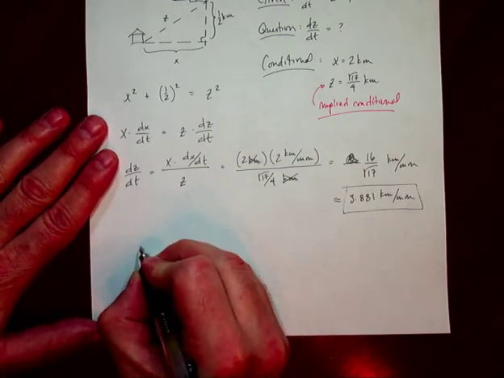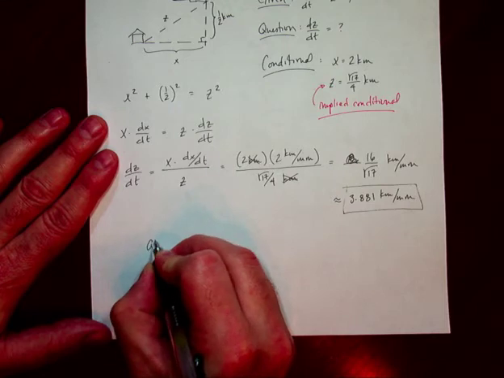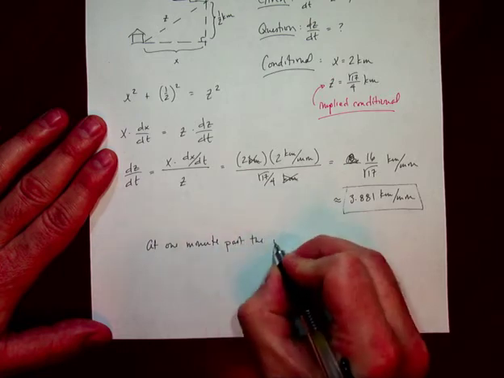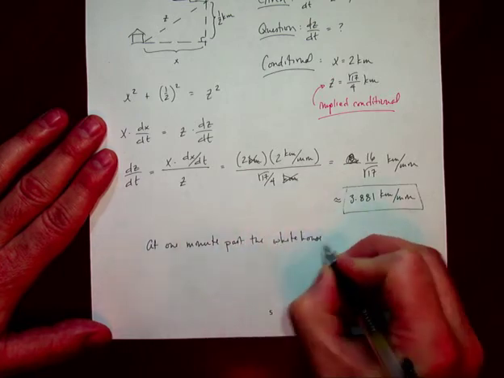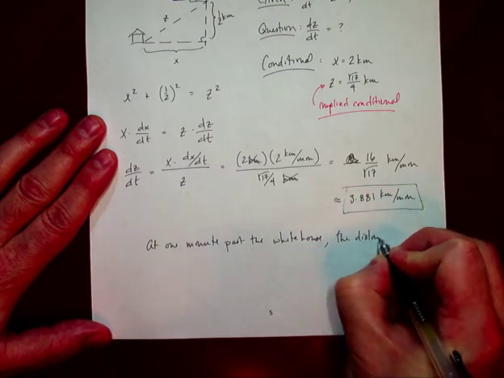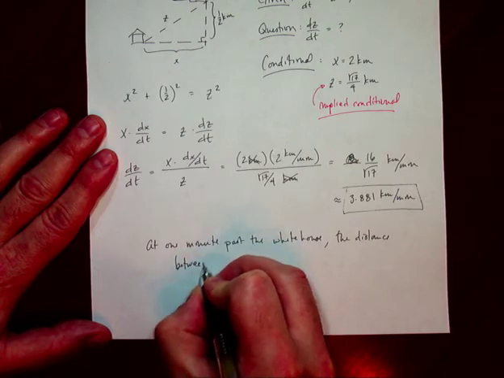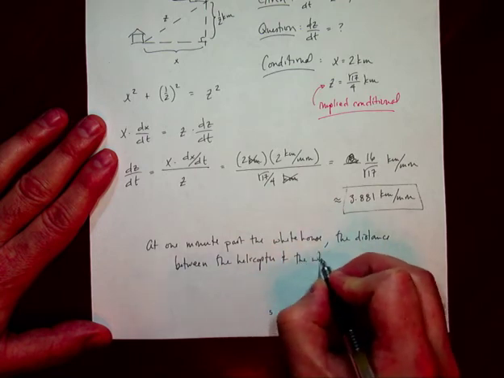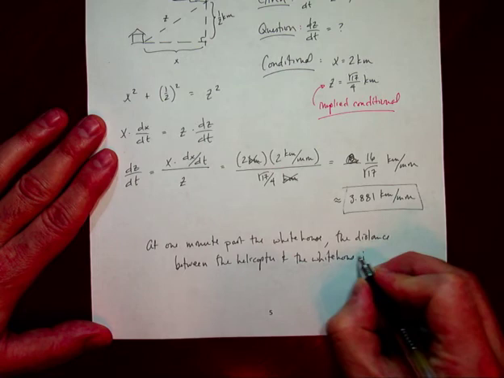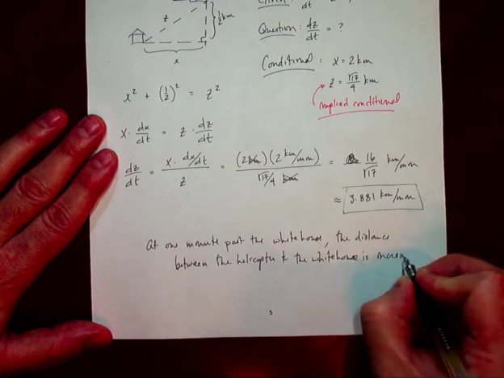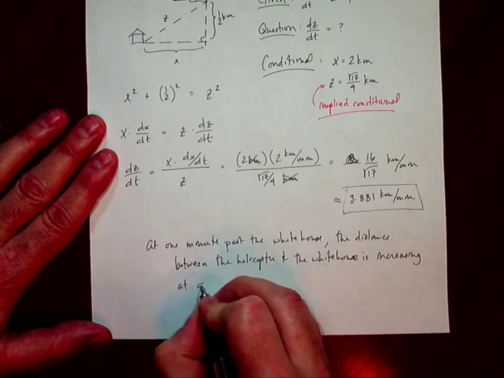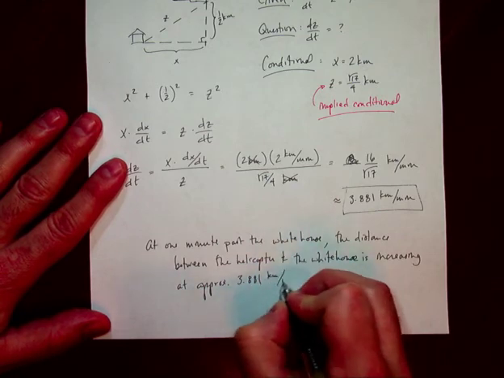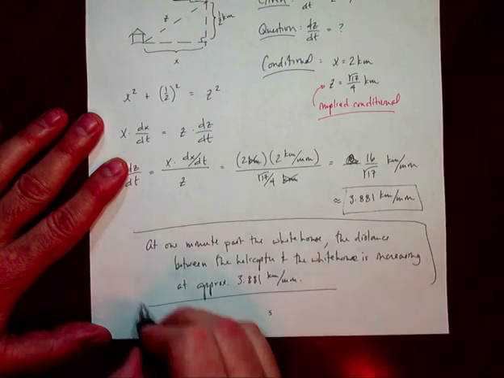So basically you say, at 1 minute past the White House, the distance between the helicopter and the White House is increasing, because z is getting larger, at approximately 3.881 kilometers per minute. And that is the appropriate way to answer.